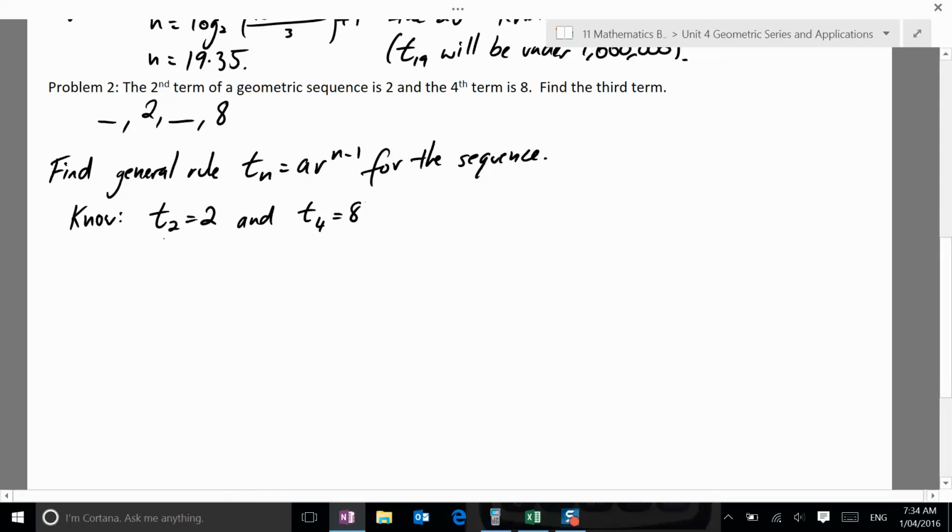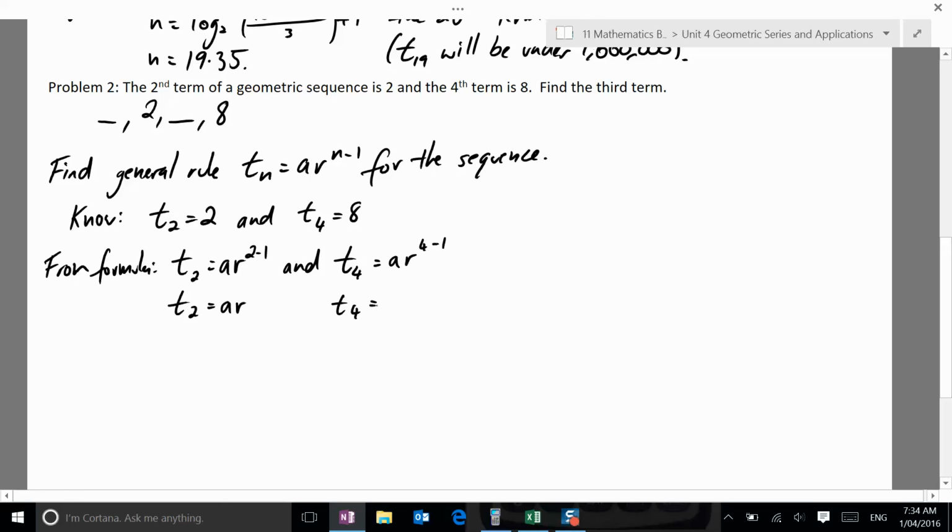In terms of this T2, from the formula, I know that I can find T2 by putting 2 in place of n. And I know that T4 I can find by putting 4 in place of n. So I've got these expressions for T2 and T4.